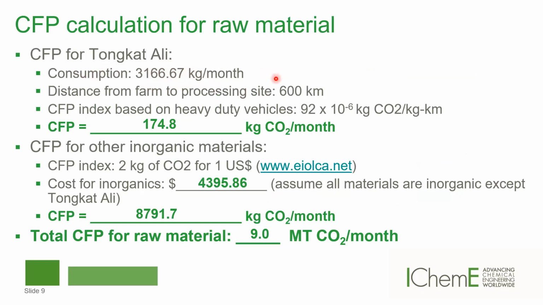For the carbon footprint, the main contributor is usually the transportation. Other things like using agricultural machinery for getting the Tongkat Ali root are assumed to be insignificant compared to the transportation. The distance is 600 kilometers from the Tongkat Ali farm to the production plant.